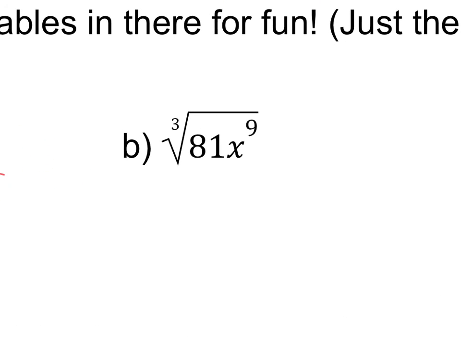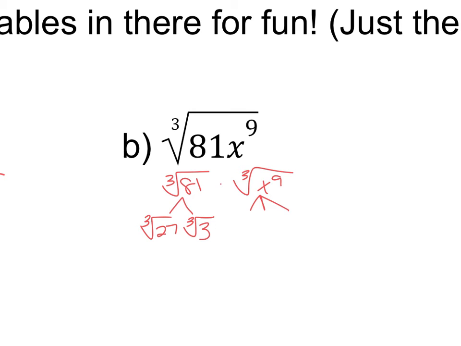All right, the next one, now we have a cube root. So this is like the cube root of 81 times the cube root of x to the 9th. So the cube root of 81 breaks up into the cube root of 27 times the cube root of 3. And this breaks up into the cube root of x cubed times the cube root of x cubed times the cube root of x cubed, right?